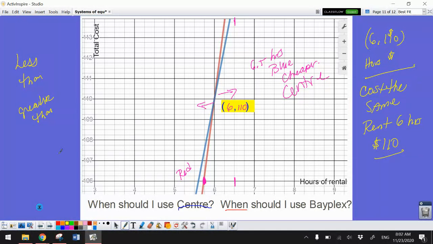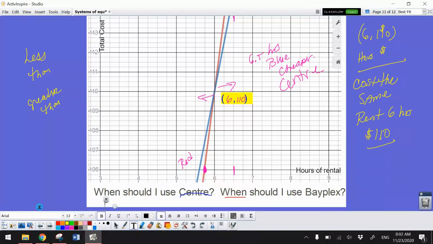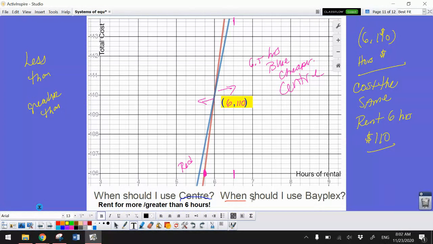So what do you think? When should I use the Center? Yeah, Center should be used if I want to rent for more or greater than 6 hours, because that's my blue line. How about Bayplex? It's going the other direction.